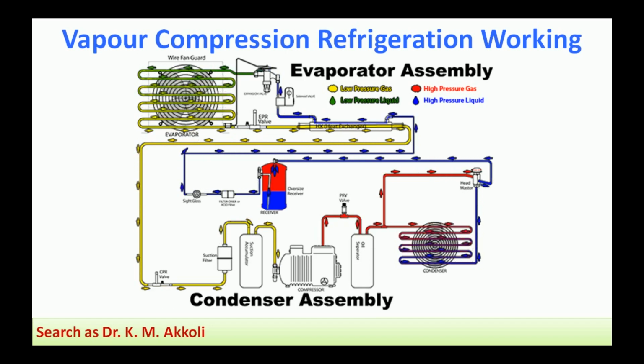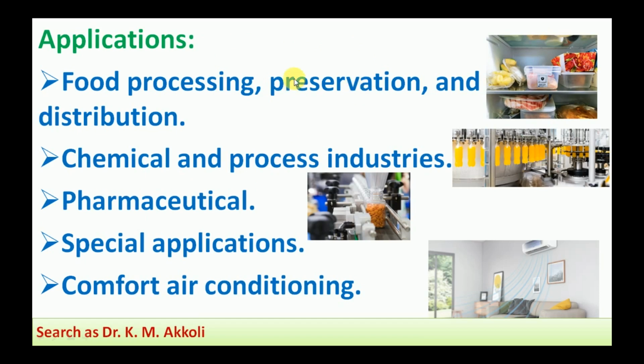Then next, very important, as I told you, vapor compression refrigeration is very important because of its applications. The applications are food processing, preservation and distribution. The domestic application as well as hotels, food processing industries and food transportation, all of them use it.